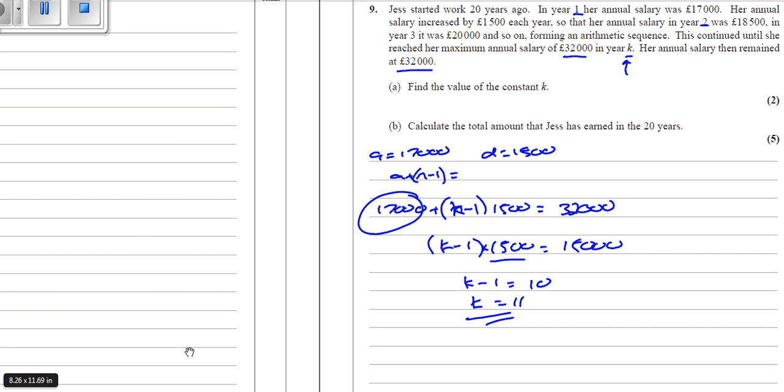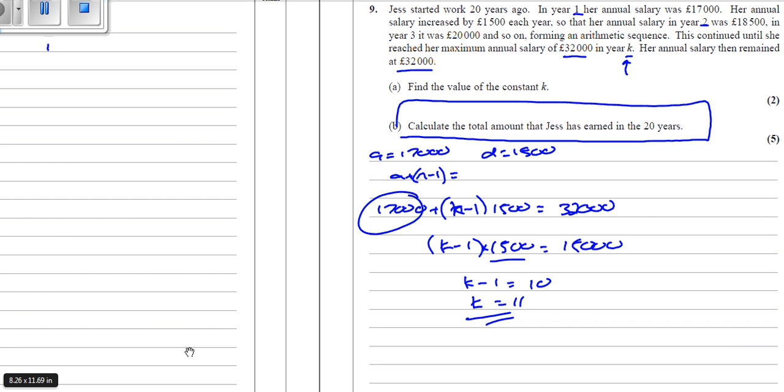So then, we've got to calculate the total amount that Jess has earned in 20 years. So, what's happening in this question? Year 1, she's earned 17,000. Year 2, 18,500. All the way up to year 10, which is the last one that she doesn't earn 32 grand, so that's going to be 30,500.